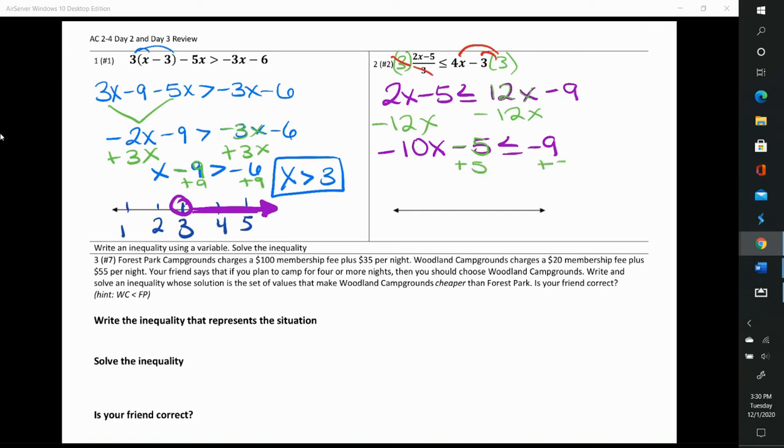Let's add it to both sides to move it over. Then we're multiplying x by negative 10. So to finish solving, we're going to divide both sides by negative 10. And it's that step there that requires us to flip the inequality symbol because we divided both sides by a negative number. And 4/10 equals 2/5.